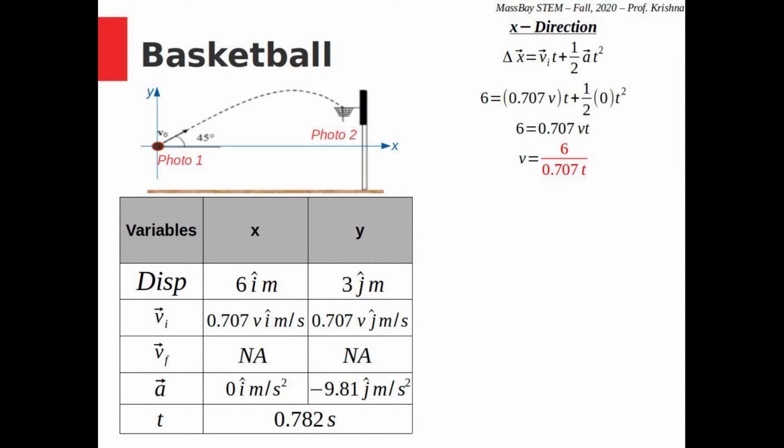And since in the x direction we have a simple relationship between v and t, we can solve for the size of the initial velocity, the speed of the throw. It is 10.85 meters per second.